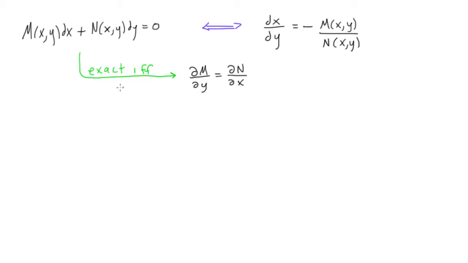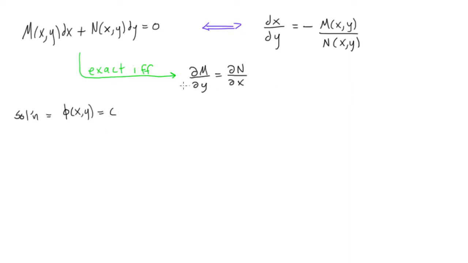Okay, so the way that we solve one of these, if we have this form and this is true, then we know it's exact. So then we have a solution. Our solution is equal to this function, we're going to call it phi of x, y, some other function of x and y. First of all, this is also equal to a constant, and it has special properties.